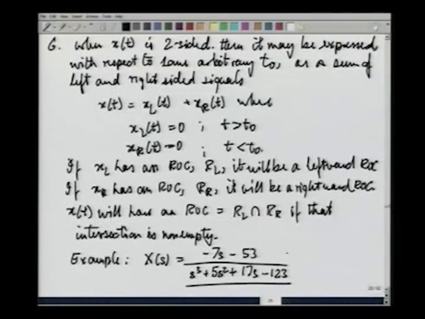If you do that, it turns out that this equals minus 7s minus 53, as we said, divided by (s plus 4) whole squared plus 5 squared, times (s minus 3).